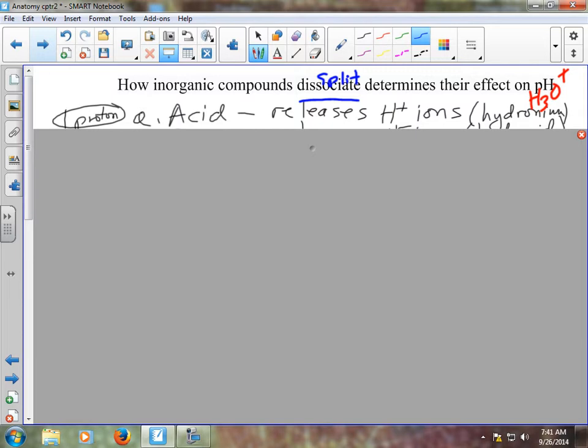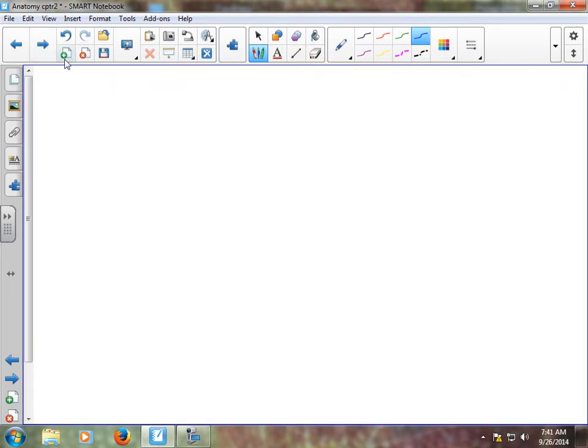So if it releases H+, that's an acid definition. Now here's where it gets really interesting, I think, because it doesn't stay H+ for very long. So if I've got hydrochloric, it dissociates into this and this.